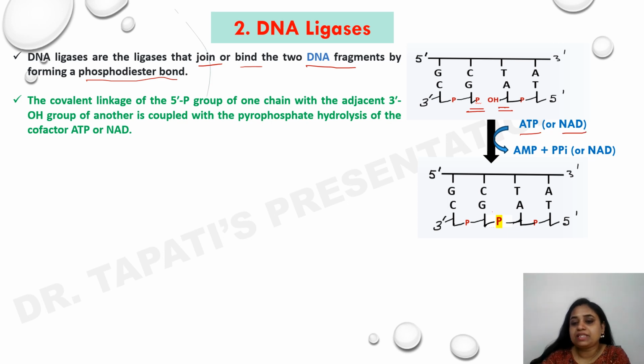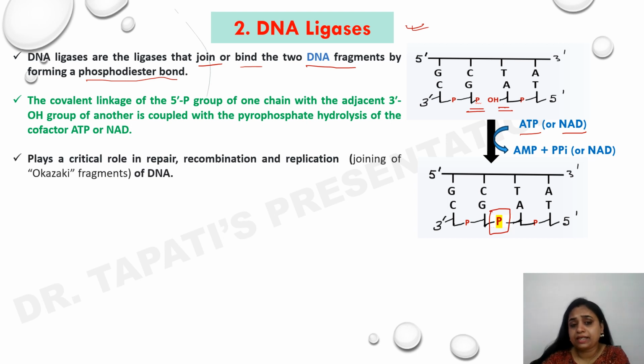Here you can see the phosphodiester bond formation by this DNA ligase enzyme. They play a critical role in repair, recombination and replication processes, especially in the joining of Okazaki fragments during the replication of DNA.